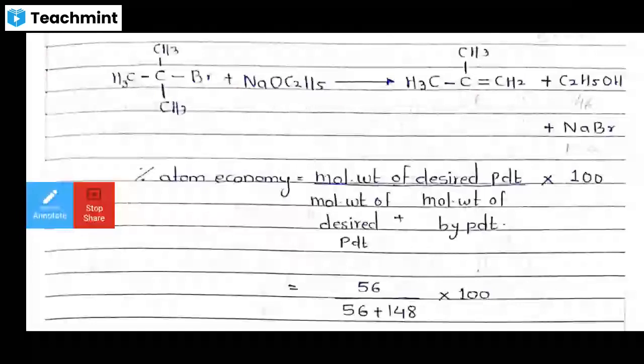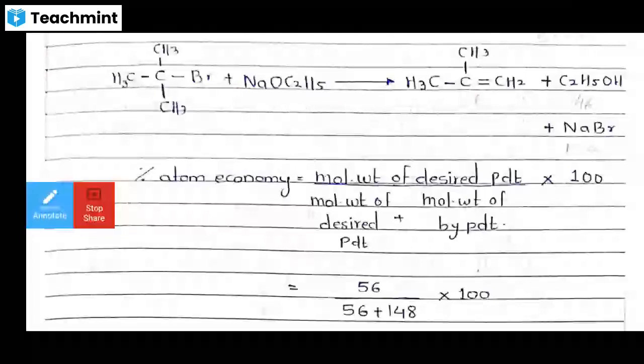Okay. So two byproducts are there. One is ethanol plus sodium bromide, and these two byproducts' weight is 148. Okay, combined weight of this C2H5OH and NaBr. These two are the byproducts.